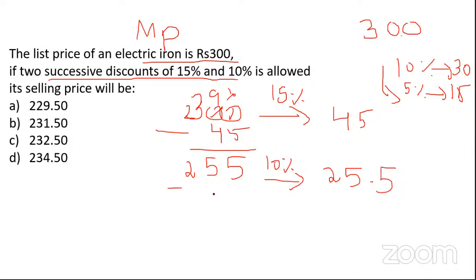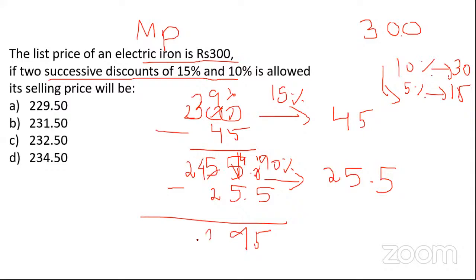So subtract this 10 percentage from here. 10 minus 5 is 5, it becomes 4, which means 14. So 9. Further it becomes 4. So 229.5, which is option A.